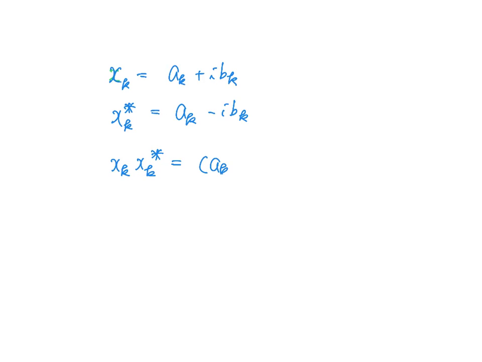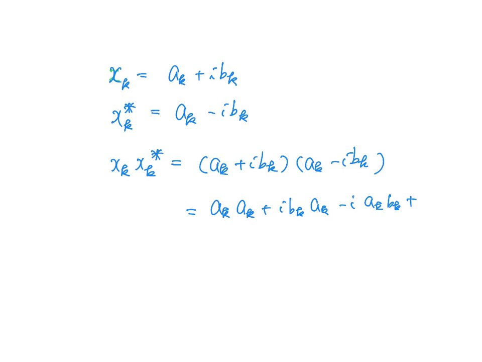If xk is ak plus i bk, the complex conjugate xk star is ak minus i bk. Multiplying them, ak squared, then i ak bk minus i ak bk, so these two cancel each other, and we have ak squared plus bk squared. I guess most of you know these properties already.